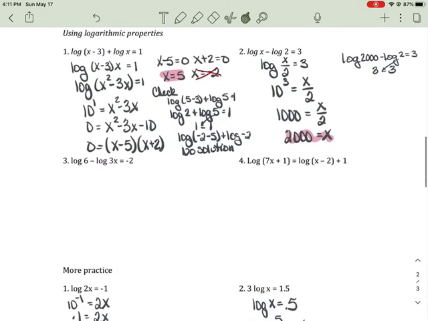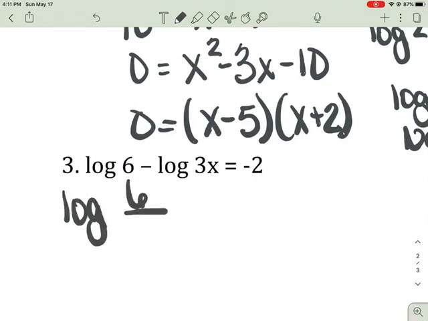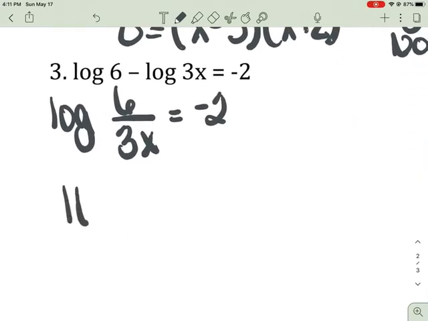All right, so let's try these 2 more. Subtraction means division. Write it as an exponent.